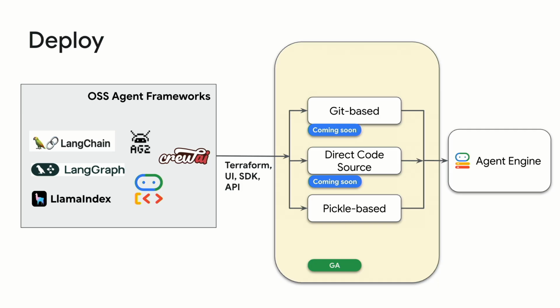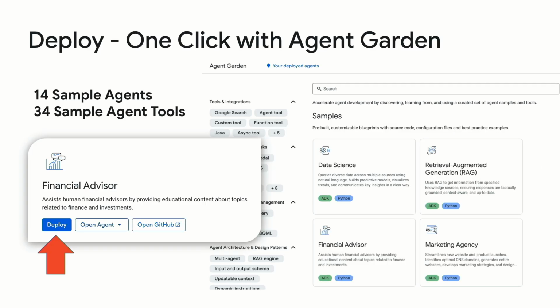You can either securely bring your own Git repository, or you can bring your code as files directly, or you can use the pickle-based approach, which automatically serializes your Python object. All these methods let you deploy your agent on the fully managed Agent Engine runtime using Terraform, UI, SDK, or API, whichever you want.